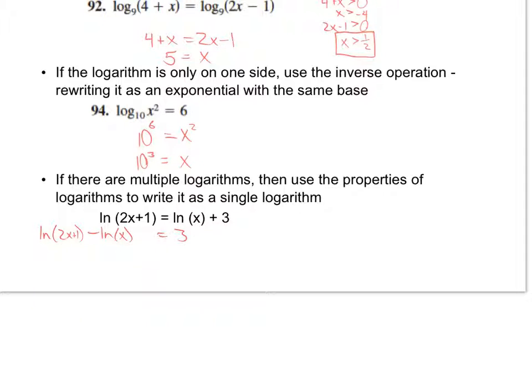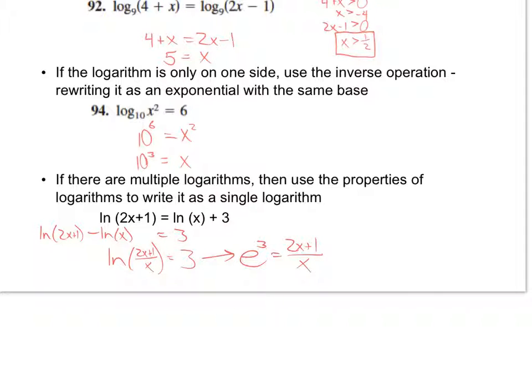Division. So it's going to be ln of (2x plus 1) over x equals 3. Now we're back to the previous thing where we have a single logarithm. We can rewrite it as an exponential. So it would be e to the 3rd, because e is our base, equals (2x plus 1) over x.